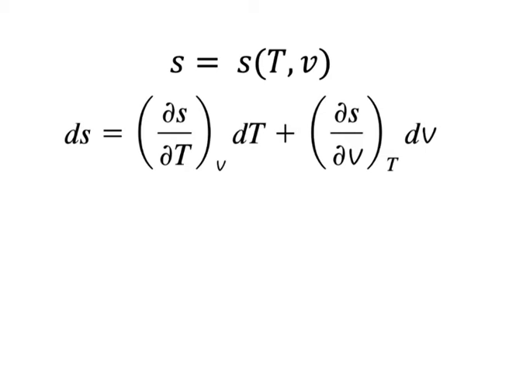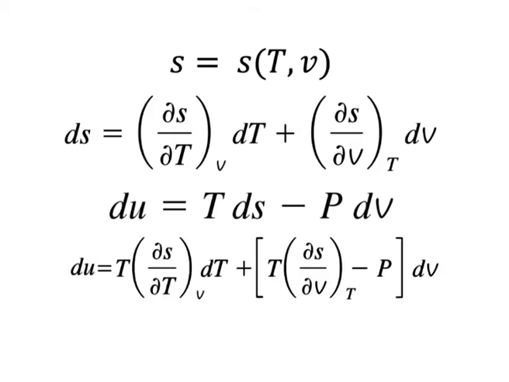Substituting this into the TdS relation, dU is equal to TdS minus PdV yields dU is equal to T into partial derivative of S with respect to T keeping V constant into dT plus T into partial derivative of S with respect to V keeping T constant minus P into dV.